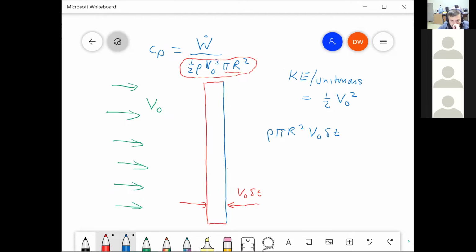Multiply that by the density, and I have the mass of fluid in that volume that is going to pass through the actuator disc. And so if I combine the kinetic energy per unit mass with that term, then I get a half rho V0 cubed pi r squared delta t, which is going to be equal to the change in kinetic energy in delta t.